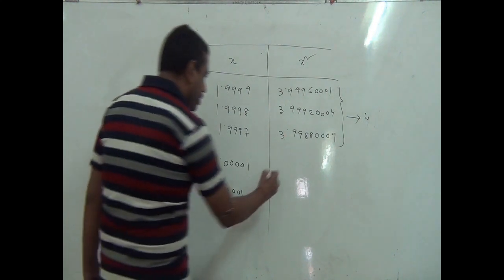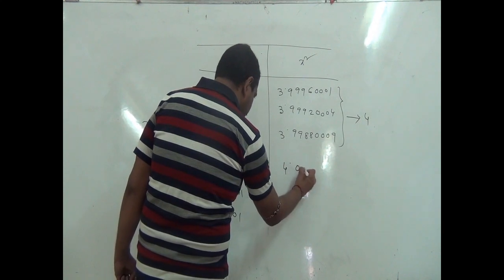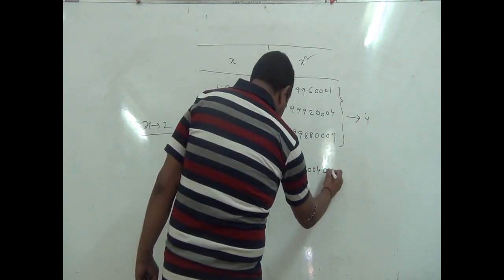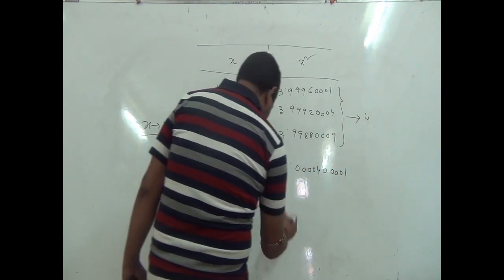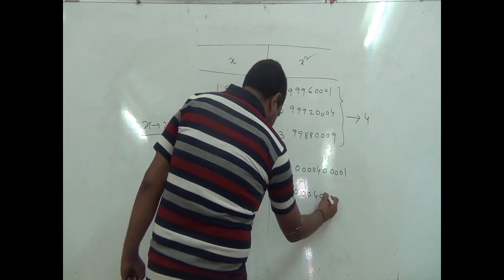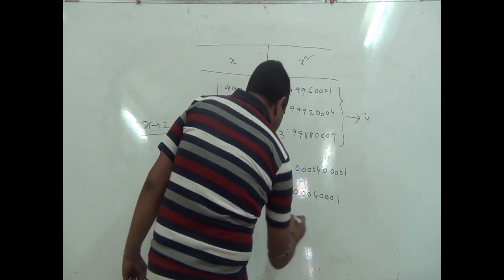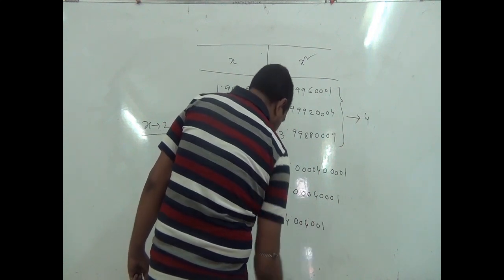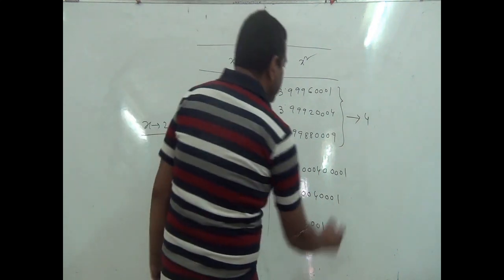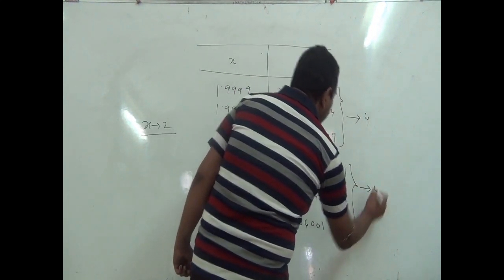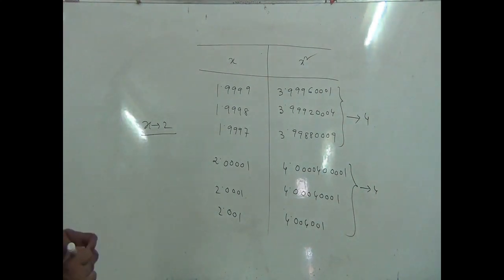Then what about our x square? x square is 4.00001, 4.00400, 4.0040001. Here we see x square also tends to 4. So when x tends to 2, our x square tends to 4.